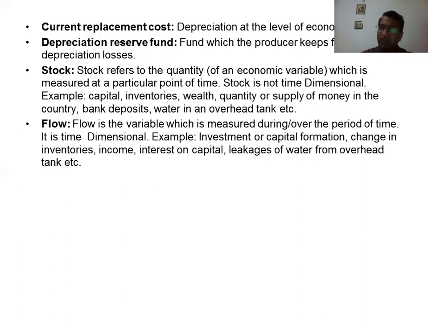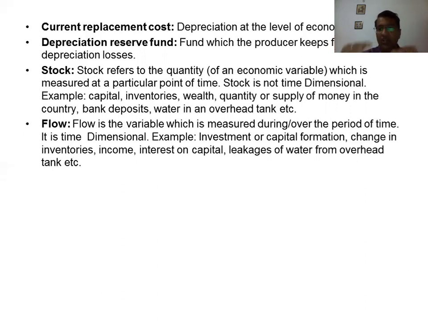Flow is the variable which we measure over a period of time, so we can say that in 1 hour, 2 hours, or half an hour, this much water will leak from the tank. In this way, stock is measured at a particular point of time, but flow is measured over a particular period of time.